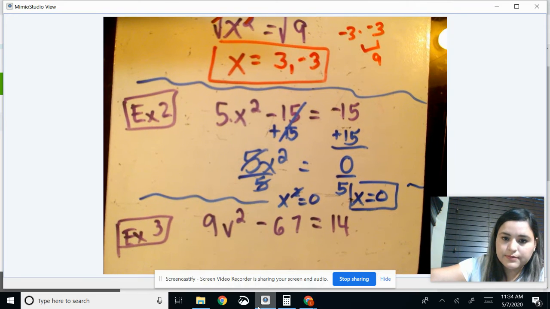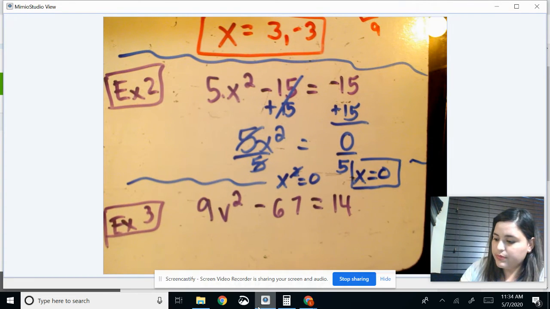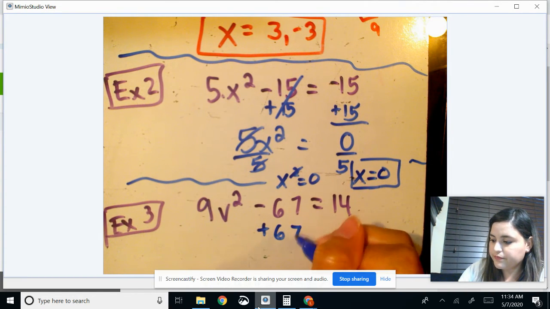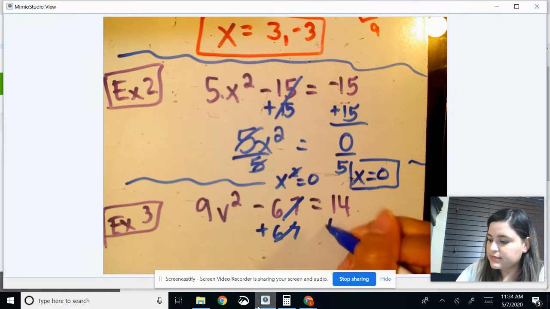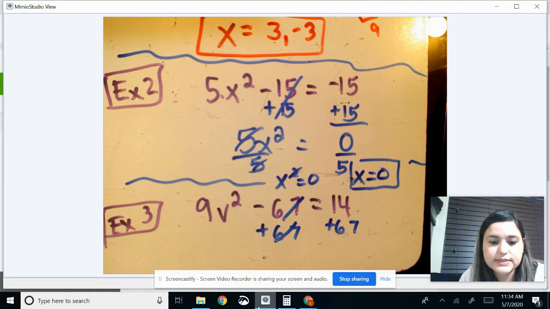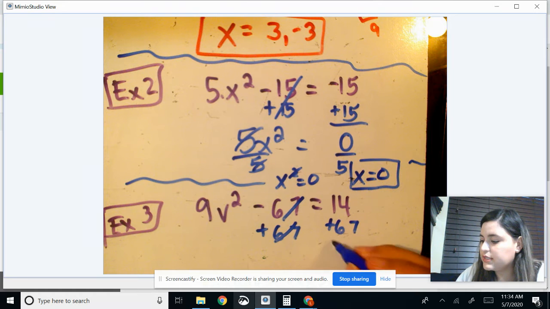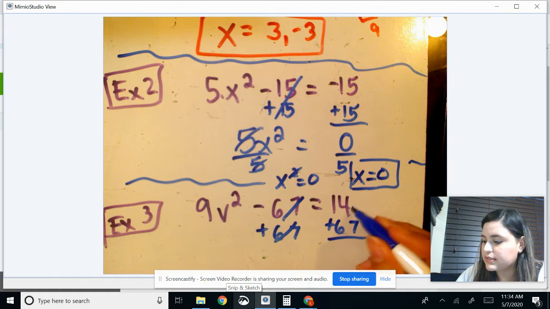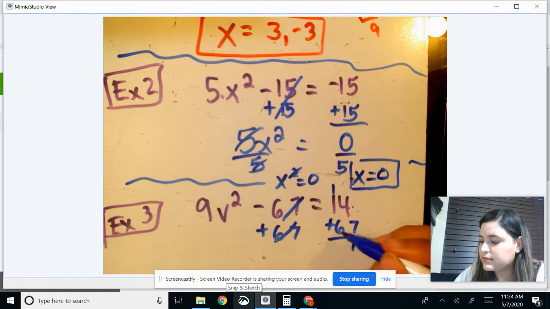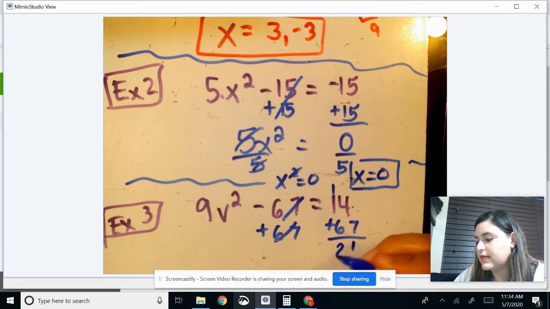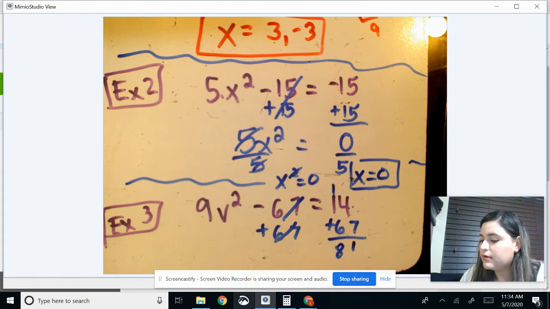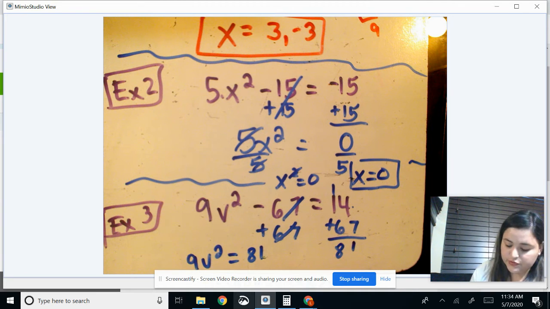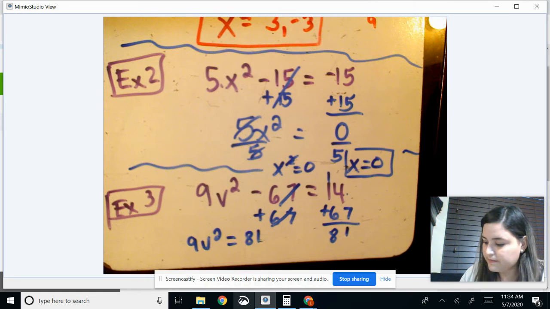All right, and then in the last one, I'm going to do plus 67, plus 67, 67 plus 14, that's 81. So now you have 9v squared is equal to 81. You want to get rid of that 9, so I'm going to divide by 9.